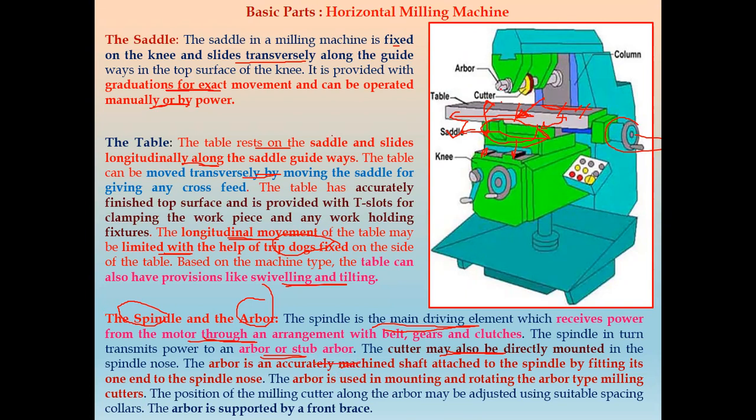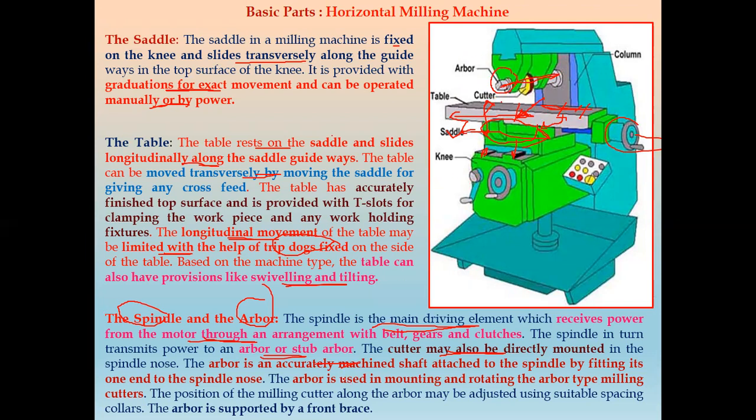If you see this arbor, it has a shaft-like structure which is attached to the spindle by fitting one end to the spindle nose, and the other end is held by a mounting clamp. That is called the arbor clamp.